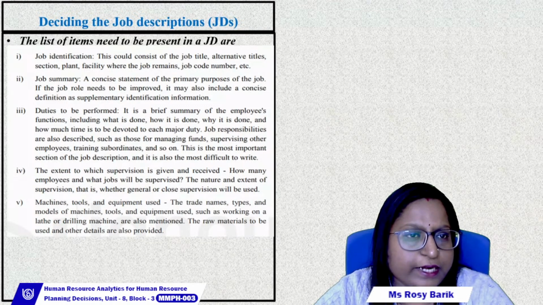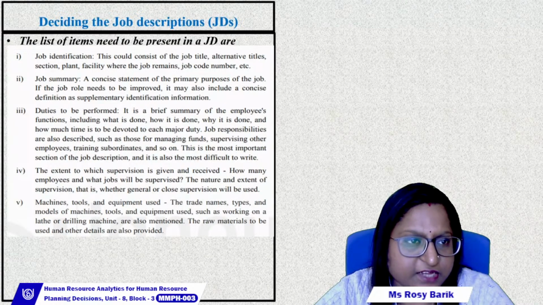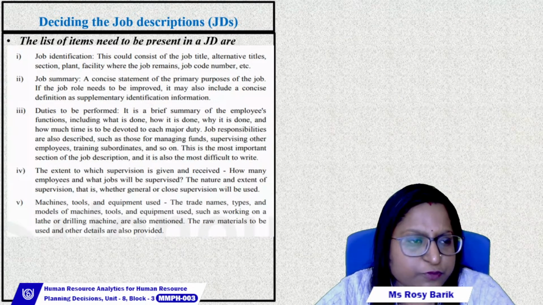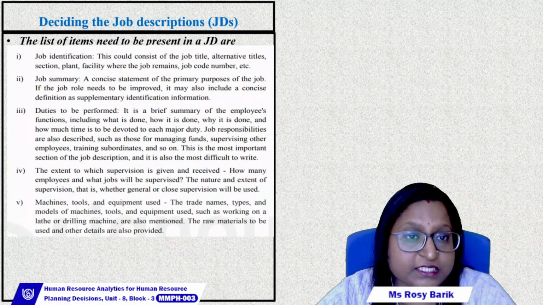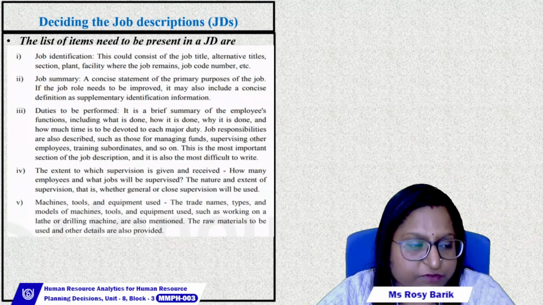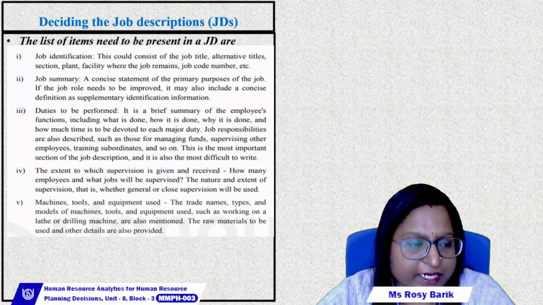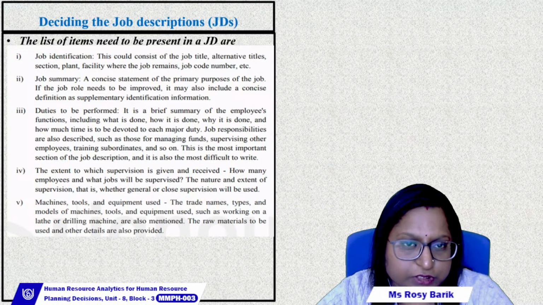If the job role needs to be improved, it may also include a concise definition as supplementary identification information. Then duties to be performed, what kind of work the employee should do. It is the brief summary of the employee's functions, including what is done, how it is done, why it is done, and how much time is to be devoted to each major duty.